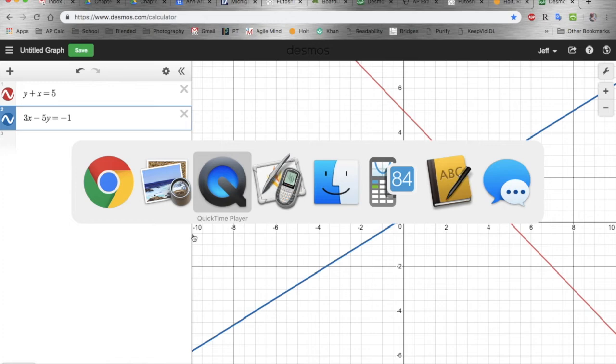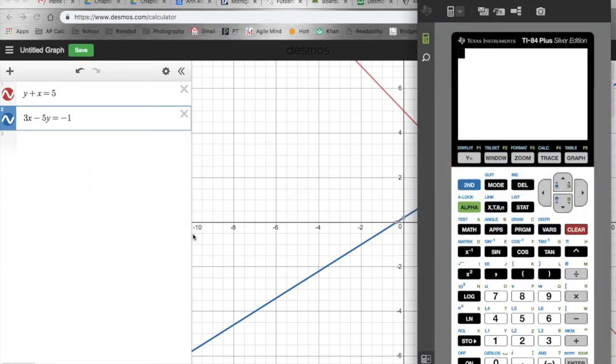So if I bring up my graphing calculator, I go to y equals and clear out anything that's in there. This top equation, again, you have to solve it for y. So we do y equals 5 minus x. You hit the y equals button, and then 5 minus x.